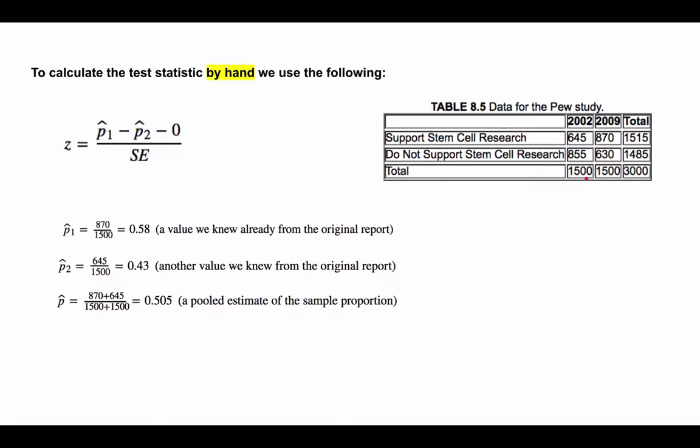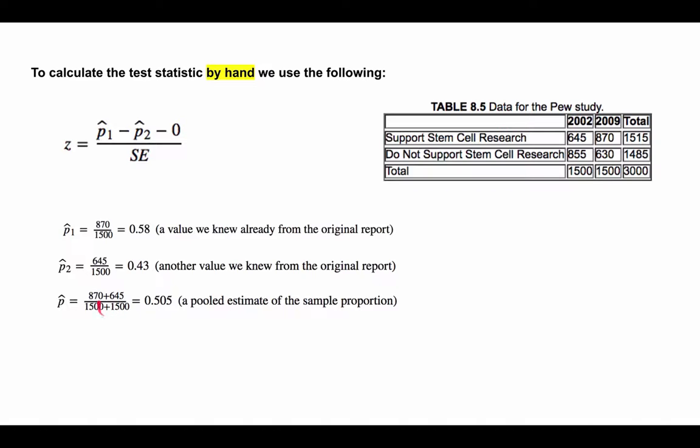Now for the standard error, we're going to need the pooled proportion, so we need p hat. By definition, p hat is the number of people who supported stem cell research in 2009 plus the number of people who supported it in 2002, divided by the number of people in each of our groups, so n1 plus n2.